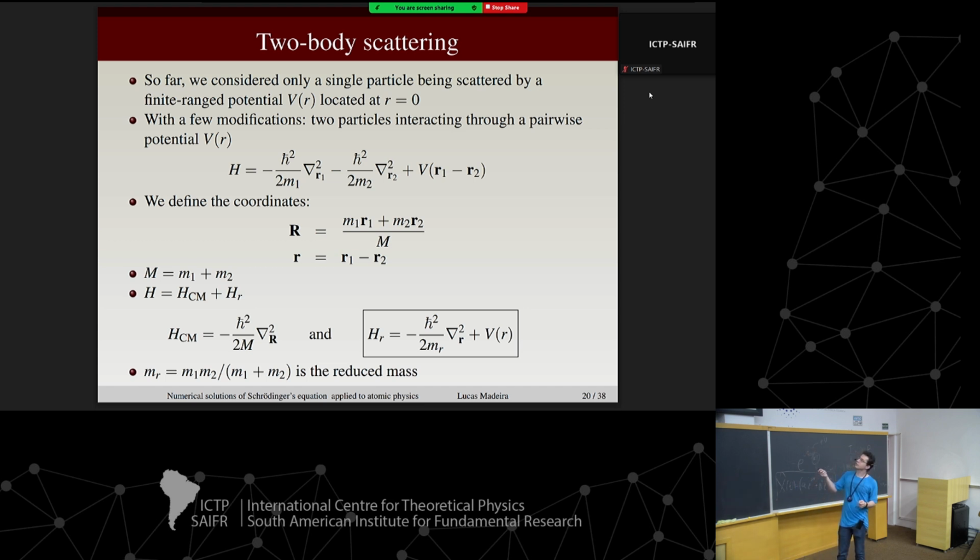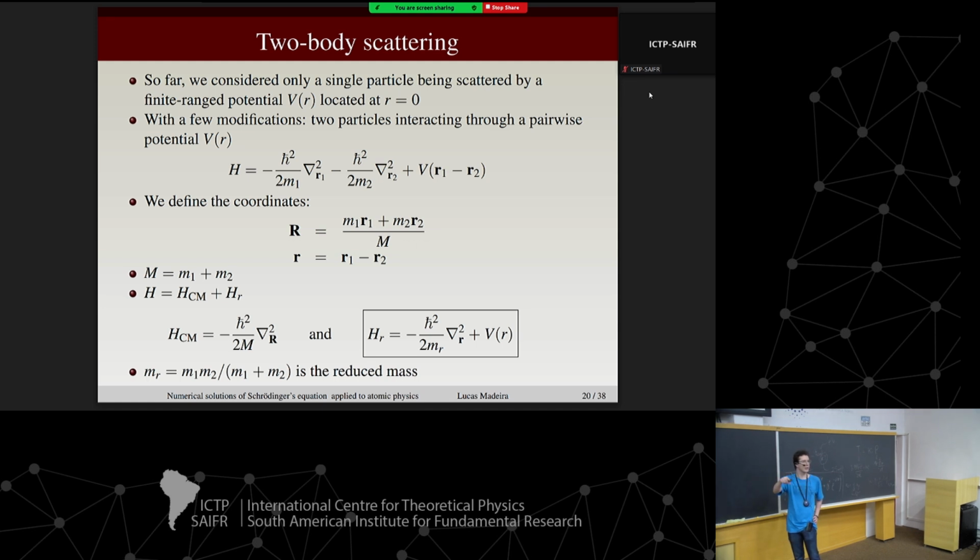What we need to do is write down your Hamiltonian for a two-particle system. You have the kinetic energy of the first and second particle, and they're interacting through some potential. I'm going to assume that this potential is spherically symmetric, only depends on the distance r between the particles. And I'm going to define center of mass coordinates and relative coordinates, okay? Where this m here is the sum of the two masses, okay? If I do this, I can rewrite my two-body Hamiltonian as a Hamiltonian that depends on the center of mass and the relative coordinates. The center of mass is trivial.